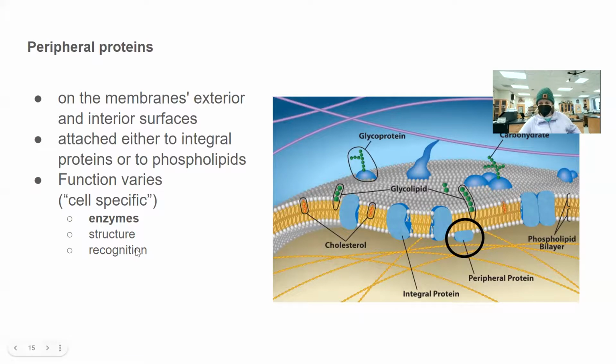In this case, these long stringy things are representing the cytoskeleton of the cell. And so we often see that these attach to peripheral proteins as good anchor points. And so that allows the cell to maintain its shape if you don't have a cell wall, like us weirdo animals don't. And they also might allow for recognition of other cells and foreign objects.